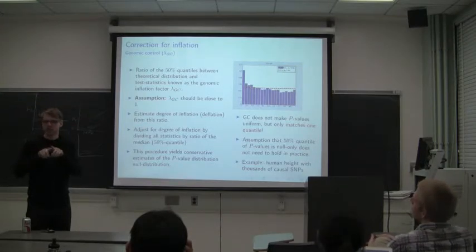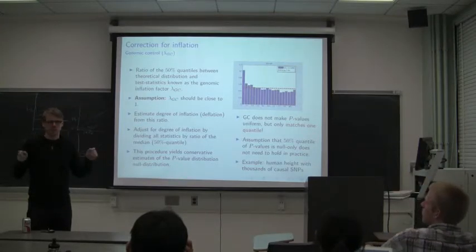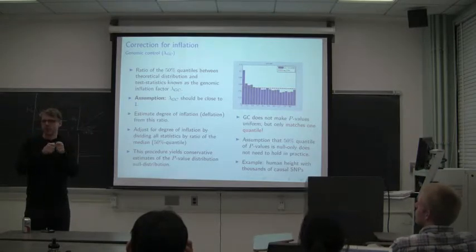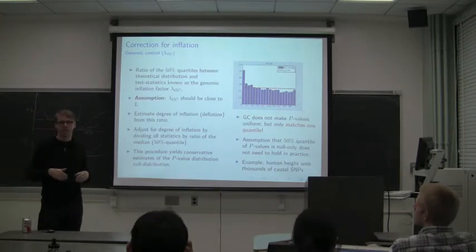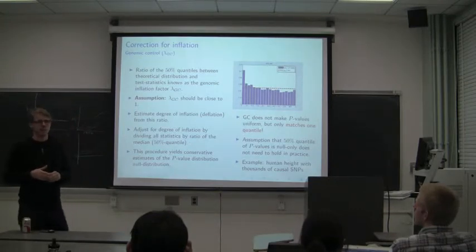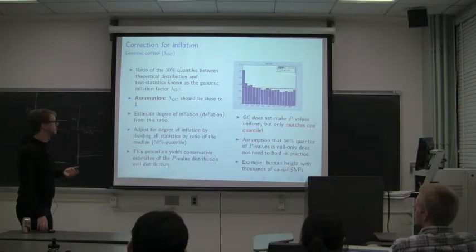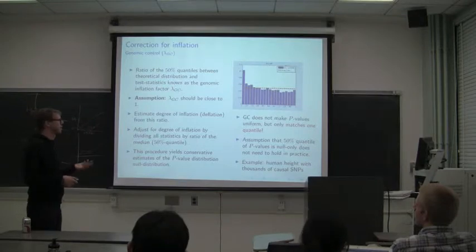Because neighboring markers, neighboring SNPs, are correlated, you will get very broad inflation, so very many small p-values. You will get very many associations, and for that reason, lambdas might actually not be 1.